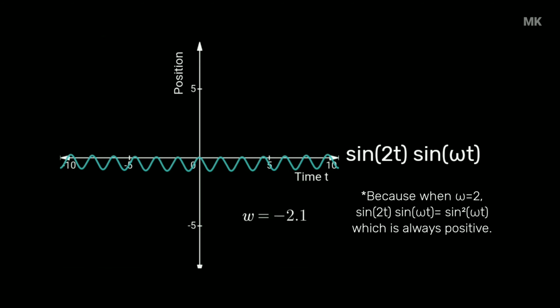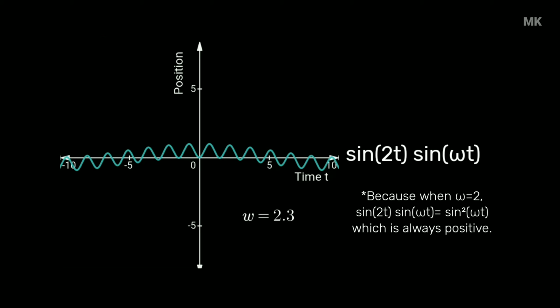When omega becomes equal to 2, then the resultant wave will lie entirely on the positive side of the time axis. Only at this point, the area under the curve can be found exactly. And for all other values of omega, the area will be either 0 or near 0.